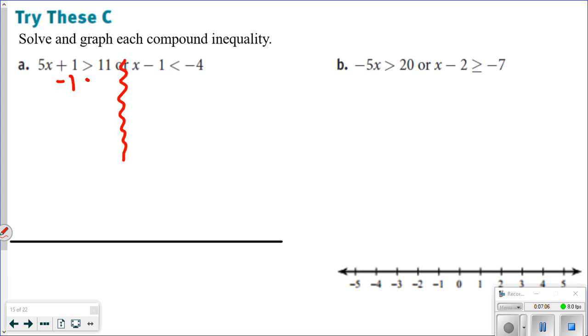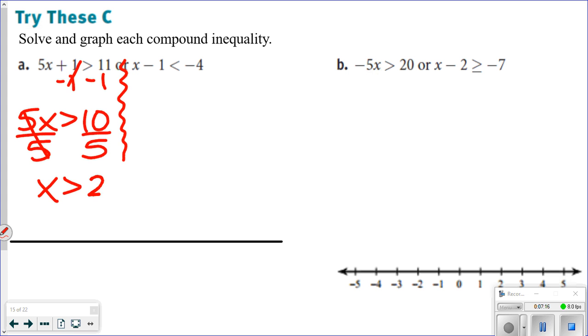So subtract 1, we get 5x is greater than 10. Divide by 5, x is greater than 2. Or, over here we just need to add 1 to both sides and then we're done. X is less than negative 3.